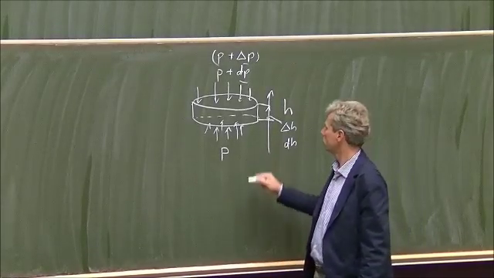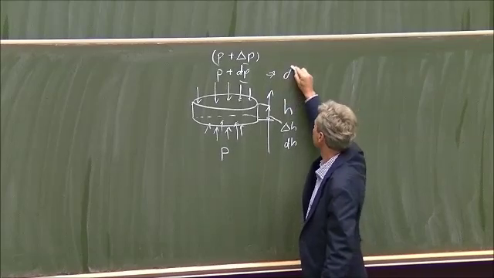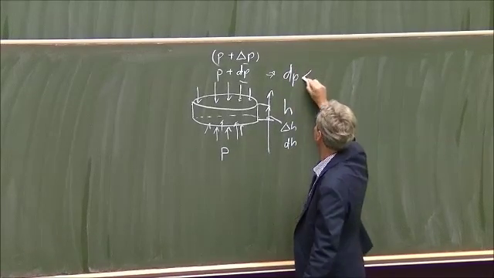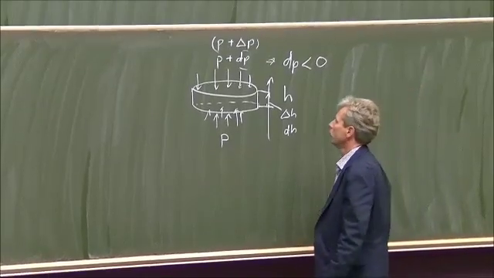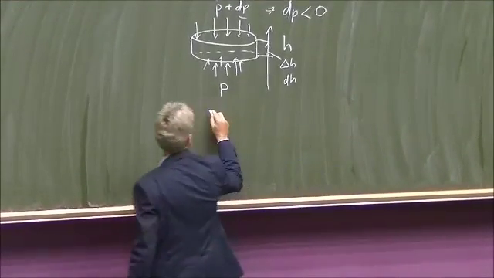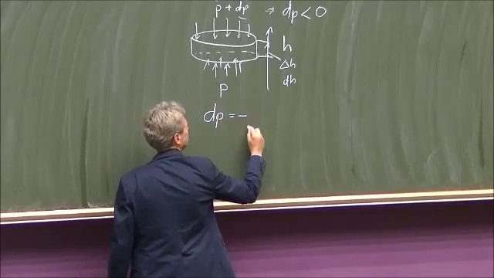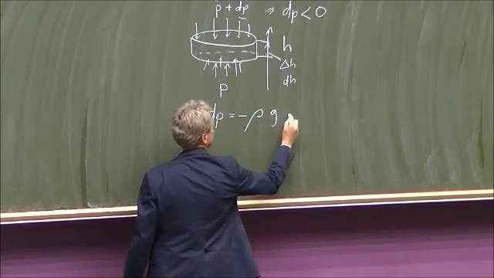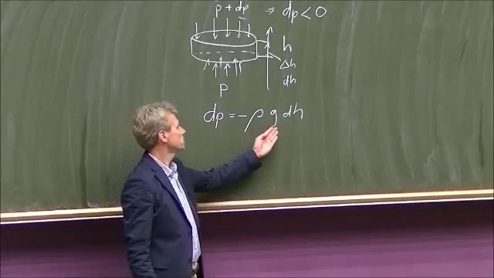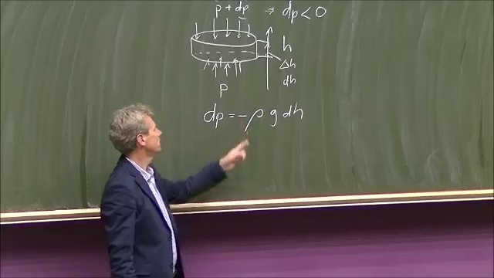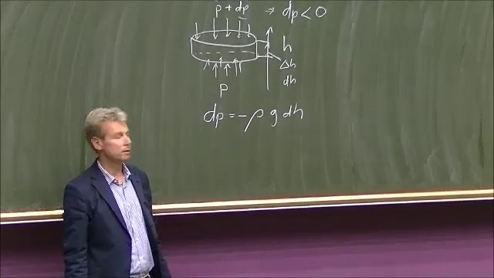And of course it's true that the pressure will get less, but that simply means that the dP will be smaller than 0. And indeed, in the final result, we saw that the pressure dP was minus rho g dH. And because these are all positive numbers, we can here see that indeed the pressure becomes less when you go higher in the atmosphere.